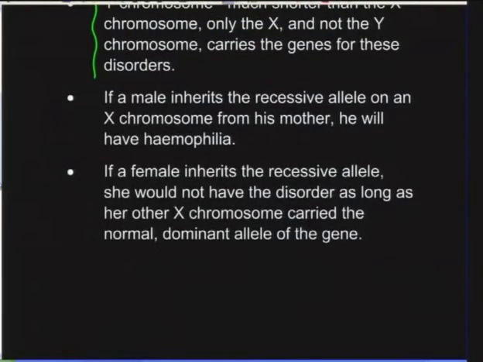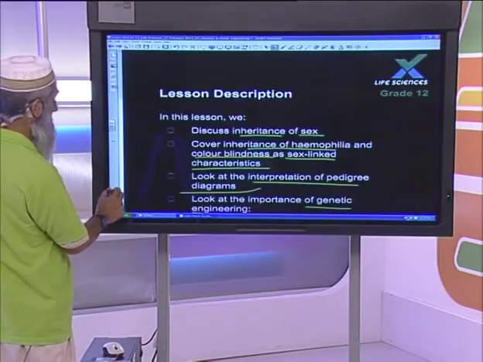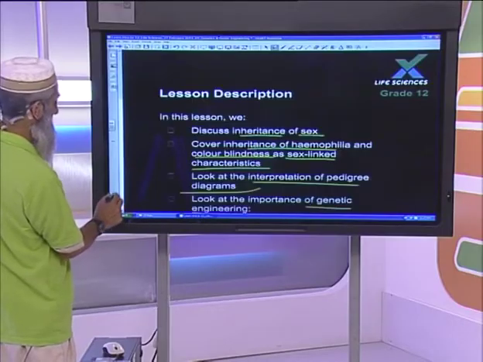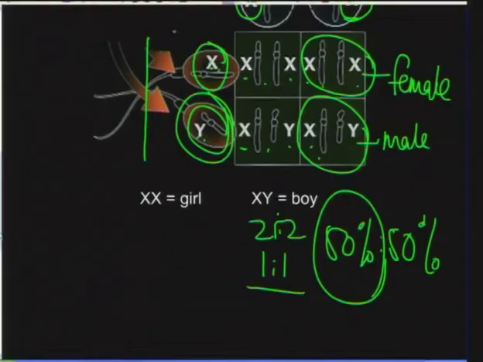If a male inherits the recessive allele on an X chromosome from his mother, obviously he will receive the X chromosome from his mother. If we go forward, there we go. Now, remember, here's a male. XY. Where did he get the Y from? From the father. That's the Y there, from the father.